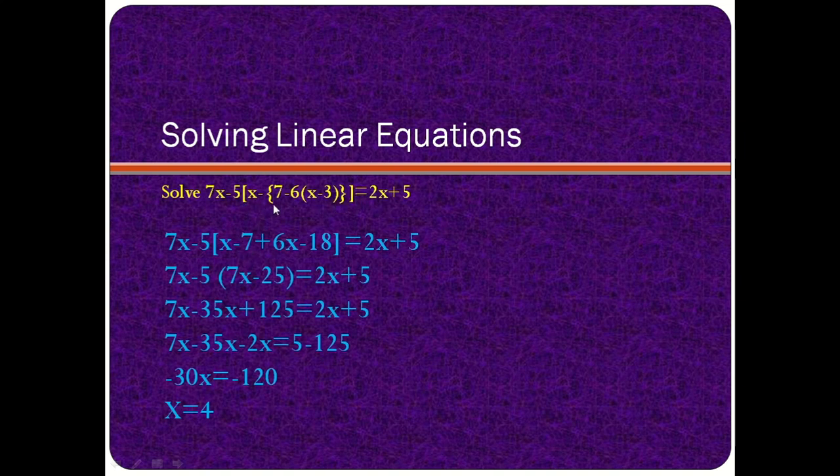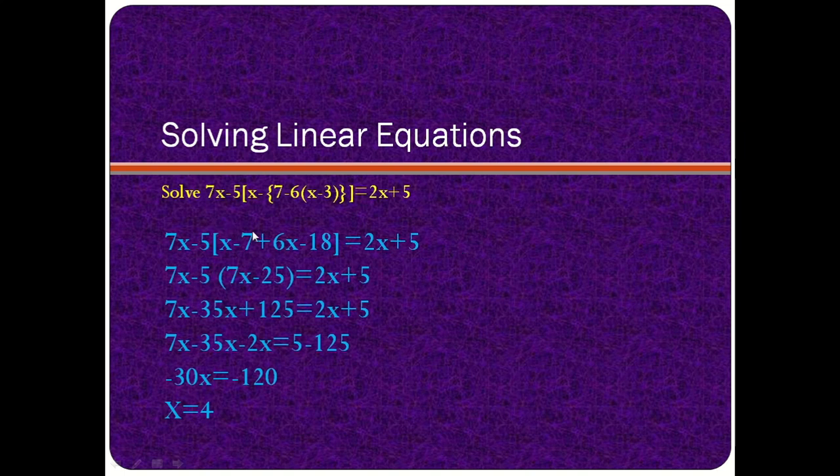So x minus 7 minus into minus plus 6, plus 6 into x, plus 6x, minus 6 into minus 3, minus 18. So x minus 7 plus 6x minus 18 is equal to 2x plus 5.